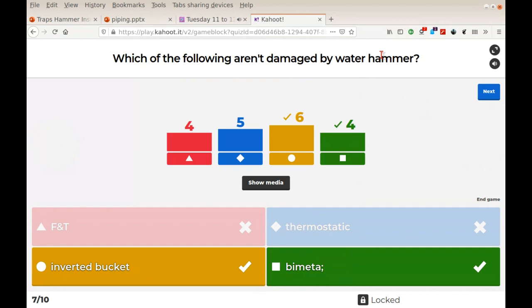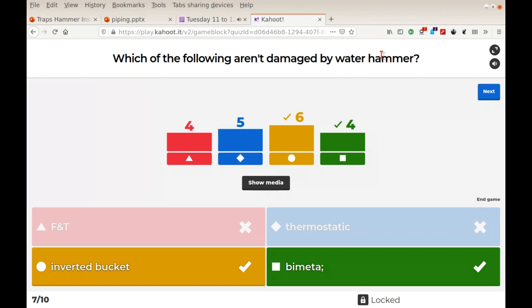Now, a lot of people pick thermostatic, and I must say that thermostatic traps can either be damaged by water hammer or not be damaged by water hammer. For example, let's say we've got a thermostatic one that's got a little bellows in there, and the bellows has a volatile liquid, and it expands and contracts the bellows and operates the trap.